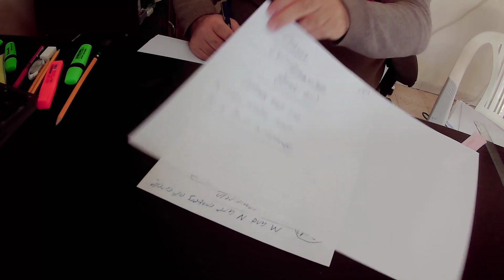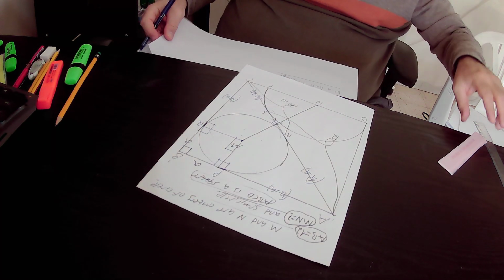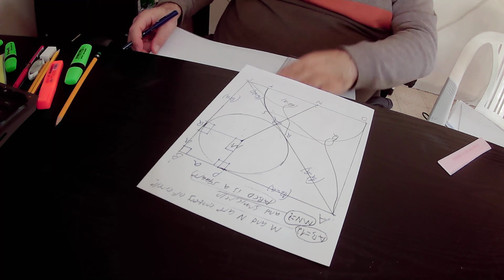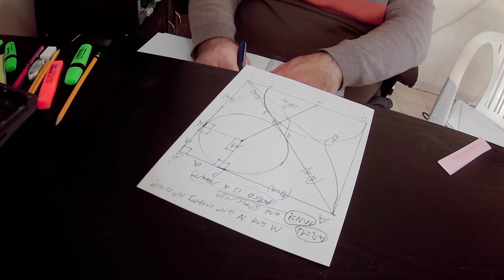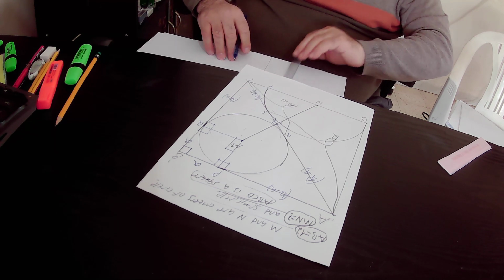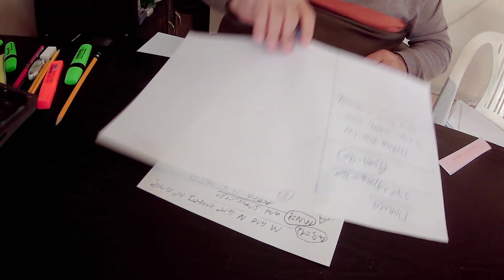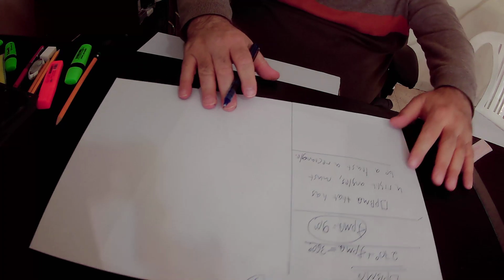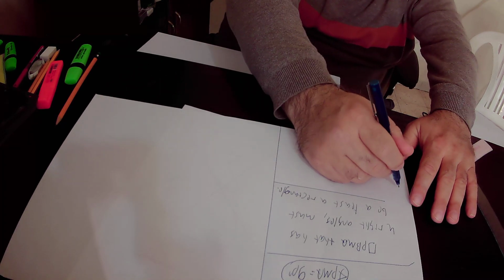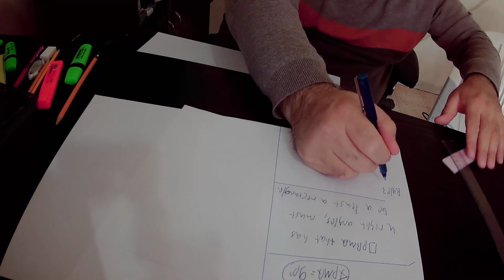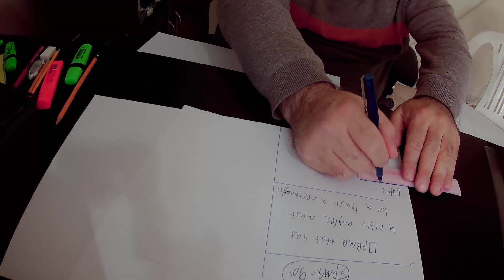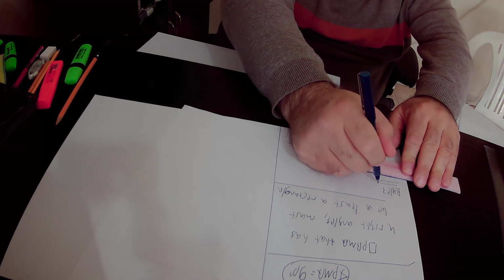So we actually have rule number 3. According to rule number 3, the opposite sides of a rectangle are equal to each other.